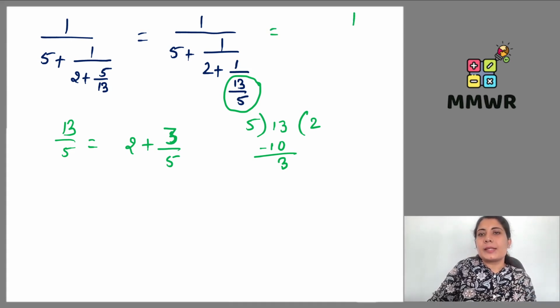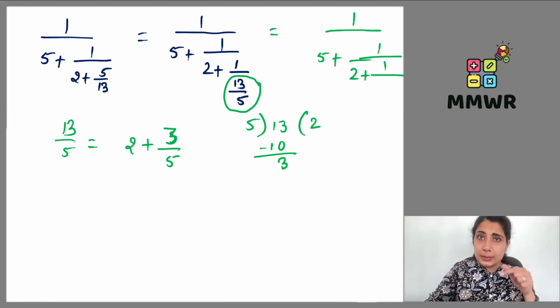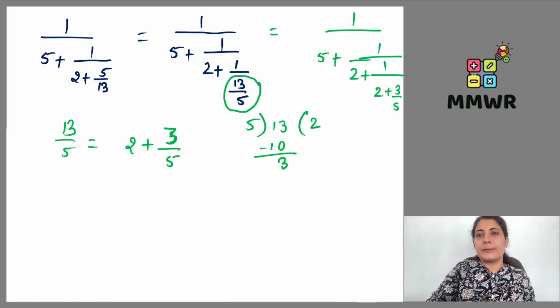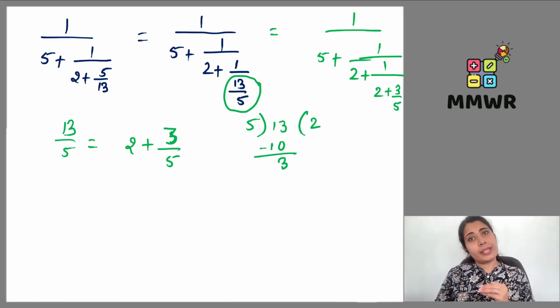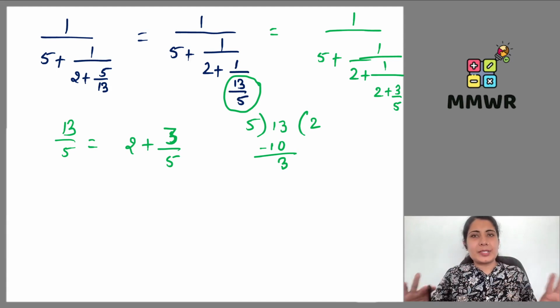So this can be written as 1 upon 5 plus 1 upon 2 plus 1 upon, and 13 upon 5 can be written as 2 plus 3 upon 5. If we want, we can divide it furthermore. 3 upon 5 can be written as 1 upon 5 upon 3, right? So we can do it that way also. But I think this much is enough.